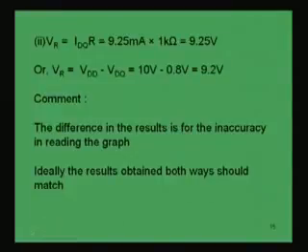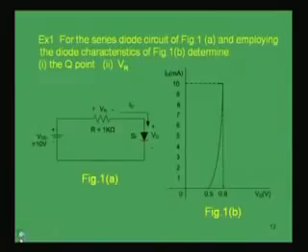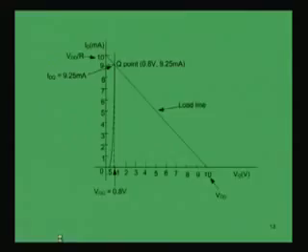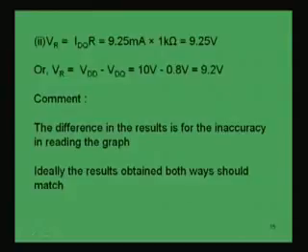As you can see in this figure, this voltage drop is the current flowing through this resistance multiplied by this resistance. So, current flowing through it is IDQ at the operating point, multiplied by resistance 1 kilo ohm, we get VR, that is equal to 9.25 milliampere into 1 kilo ohm, which is 9.25 volt.